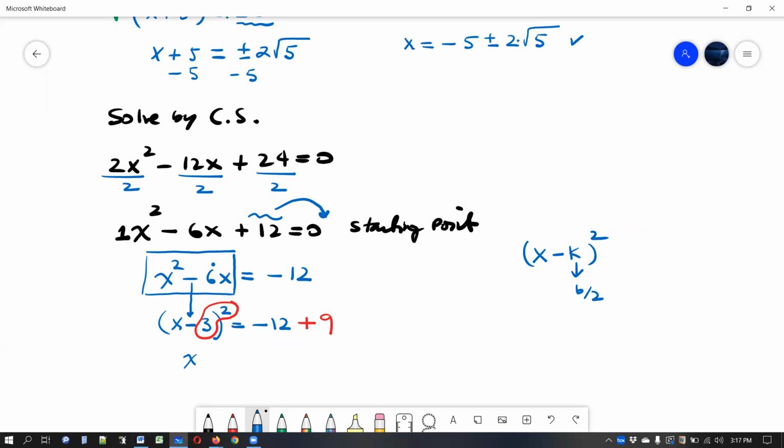So I will end up with (x minus 3) squared equals negative 12 plus 9, negative 3. Okay, so far so good. At this point, I am ready to do the square root property, which is just taking the square root.